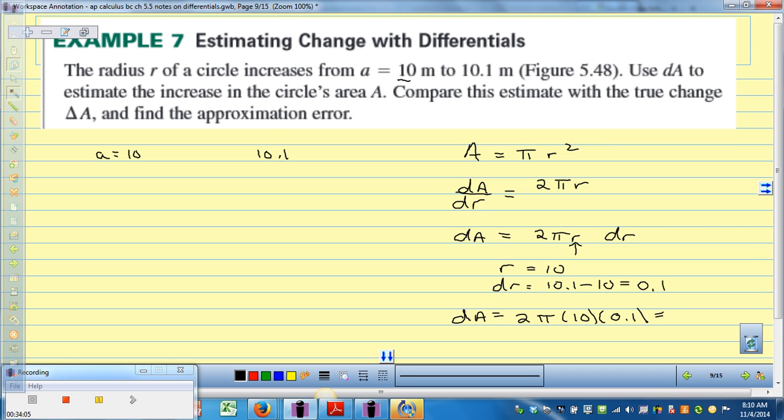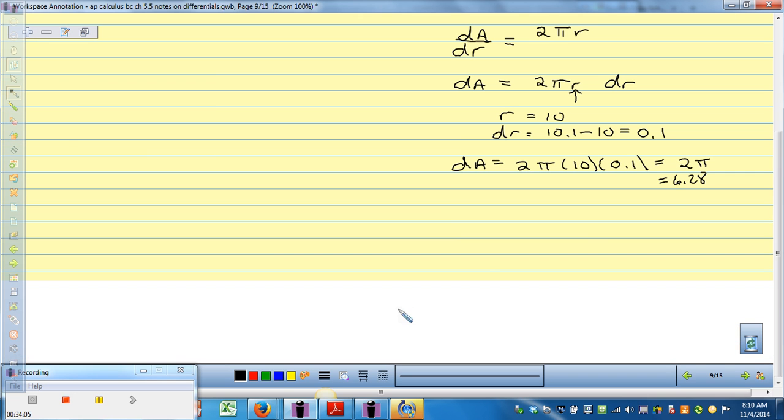What is it? 2 pi or 6.28? All right, so we have used dA to estimate the increase in the circle's area. Compare this estimate to the true change, delta A. Well, how am I going to get delta A?